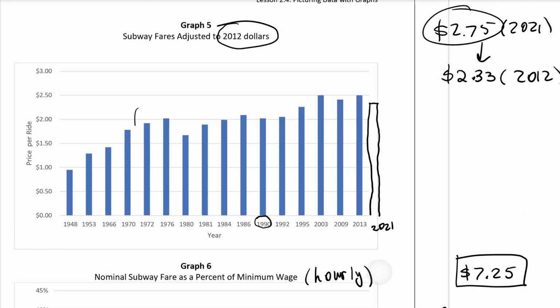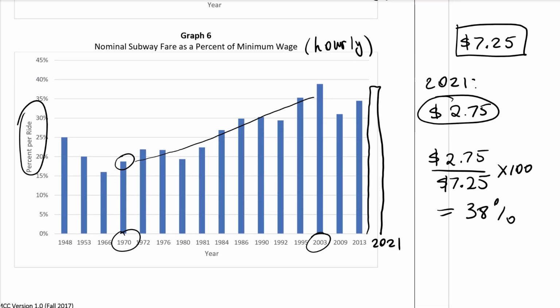If you look at the cost adjusted to 2012 dollars, it's kind of remaining steady, but as a percent of the minimum wage, the subway ride has gone up. Here you can argue that people earning minimum wage are spending 38% of their hourly wage, working 1 hour, to use the train each way. If you think about going to work and back, that will almost be 80%.